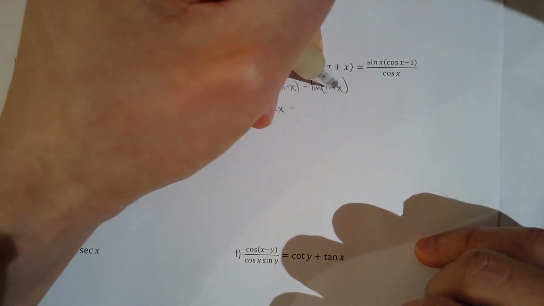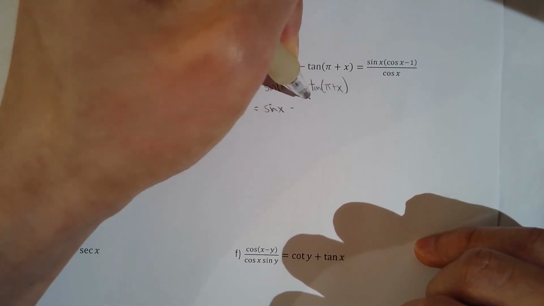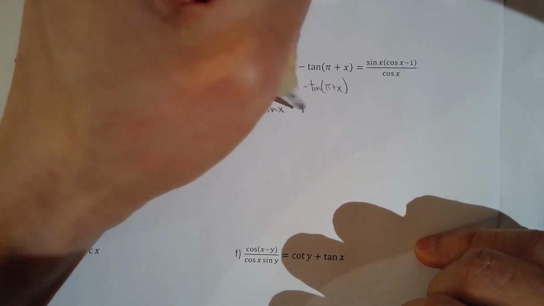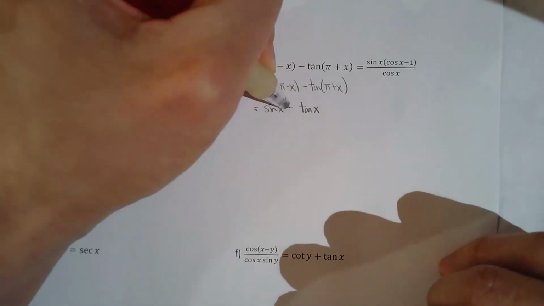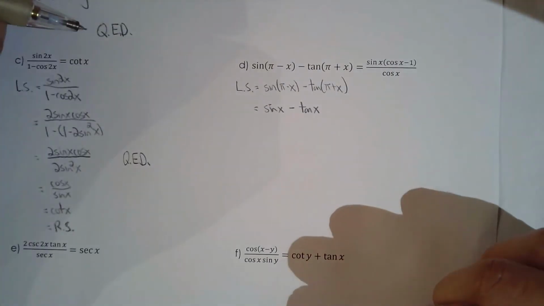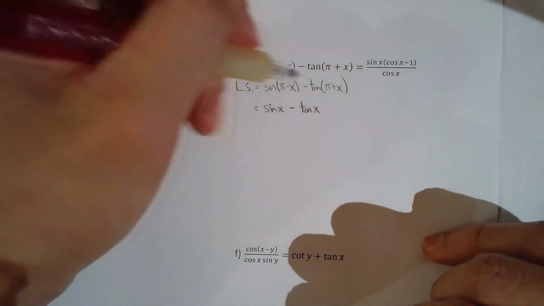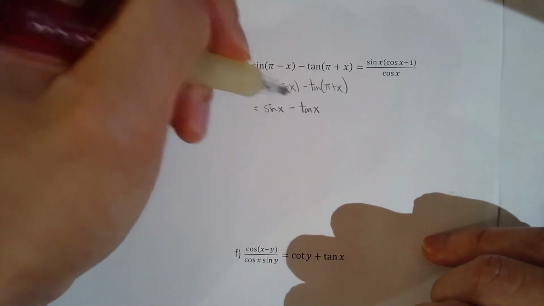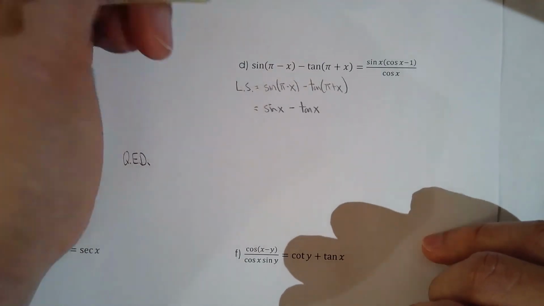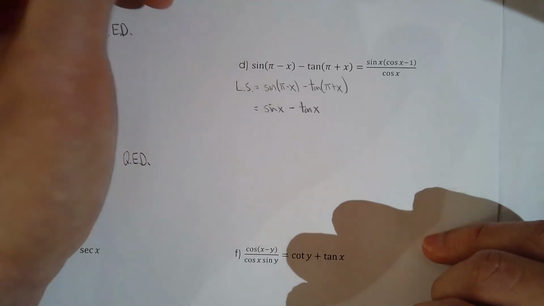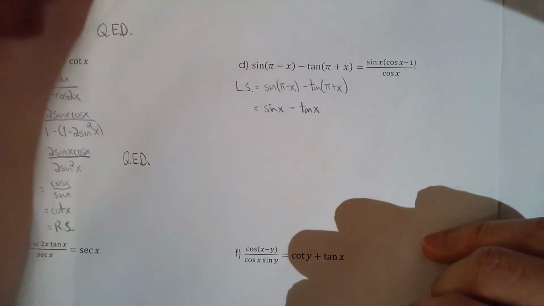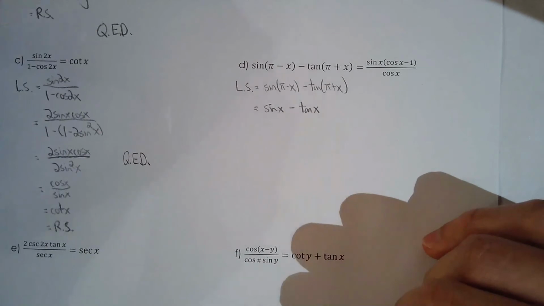And tan of pi plus x, that's in the third quadrant with the reference angle of x. And in the third quadrant, tan is positive. If that was too much for you, if you didn't see the equivalent trig expressions, then quite simply use the compound angle formulas and you'll get the exact same thing. But you'll have a big step in between here.